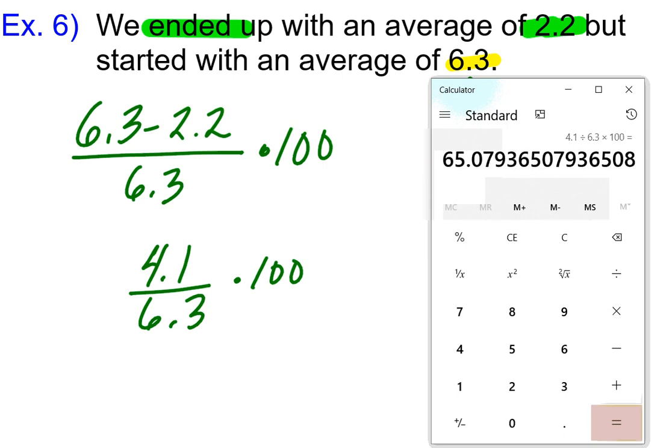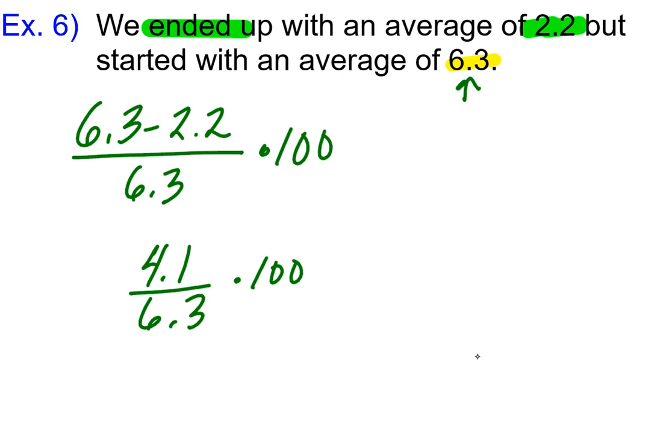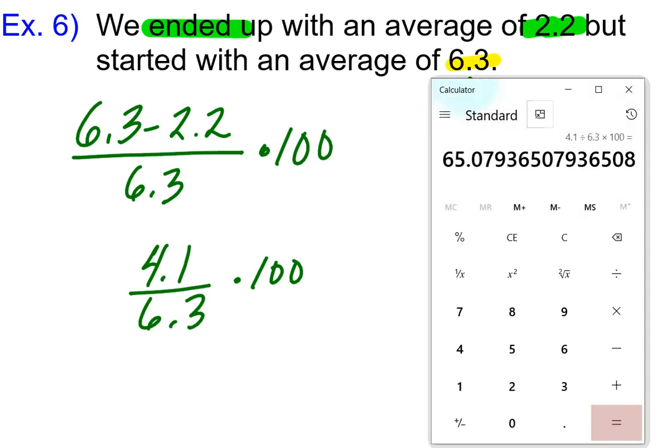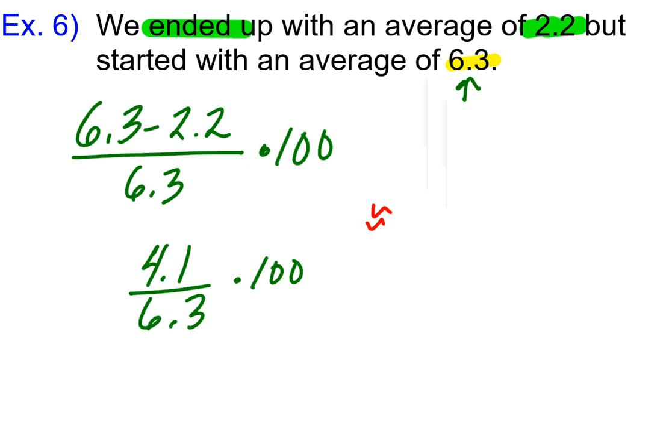And we're going to get a number that's repeating. You can see that repeat of 079365. That's going to keep repeating over and over and over. But we're going to estimate this to the nearest whole percent. So we're going to say that this is approximately 65% change.